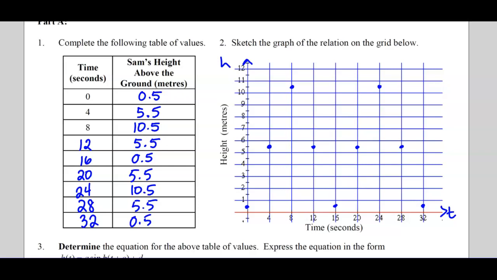You don't have all the data values, right? So do not do straight lines. Do your best to show it as a curve.